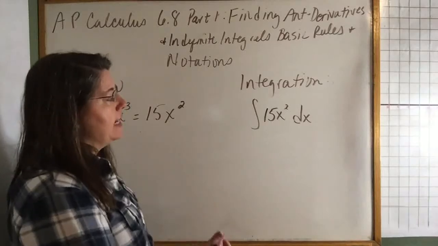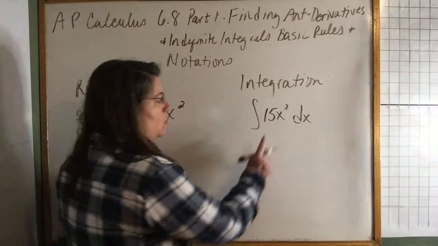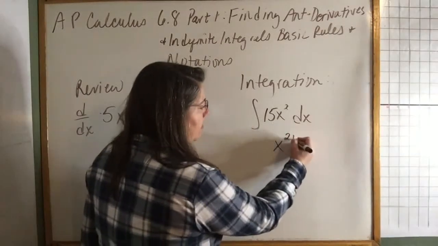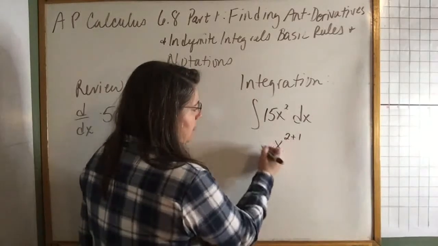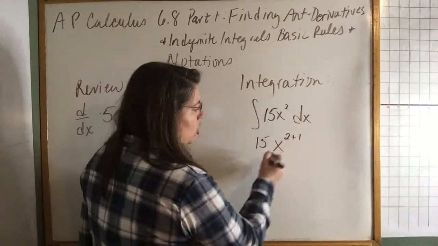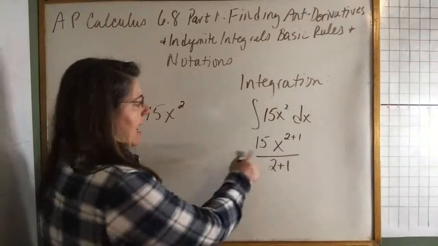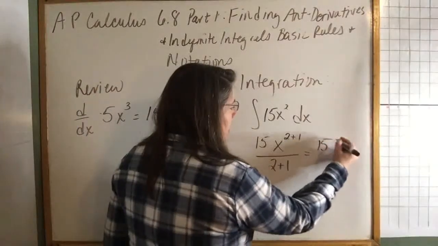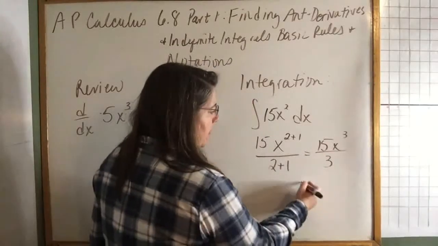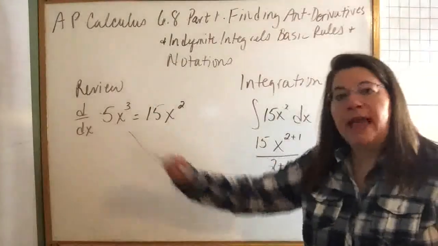So when you're taking the integral of an individual term like this, you would take the variable, add 1 to its exponent, keep the coefficient, and then whatever your exponent is, you would divide by that same thing. So we have 15x cubed over 3, and if we simplify that, we get 5x cubed, which was our original.